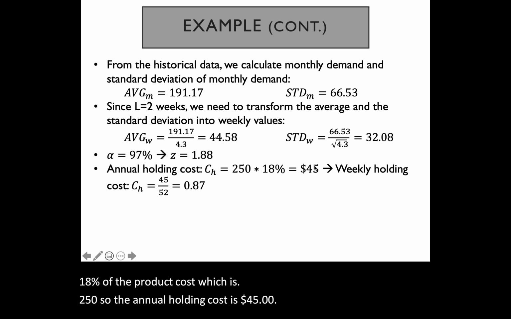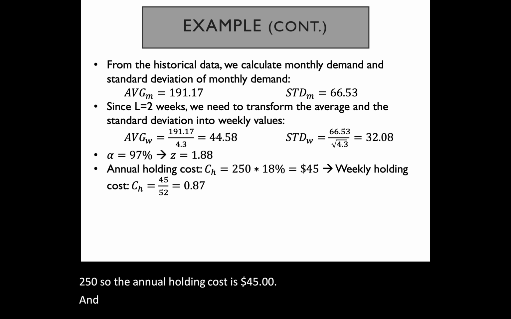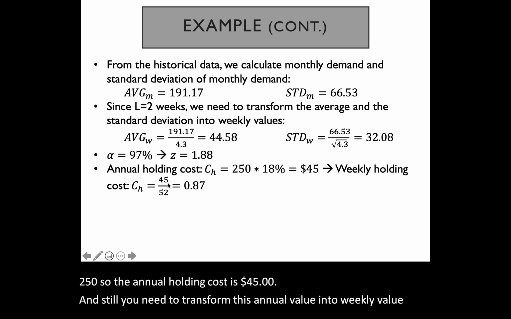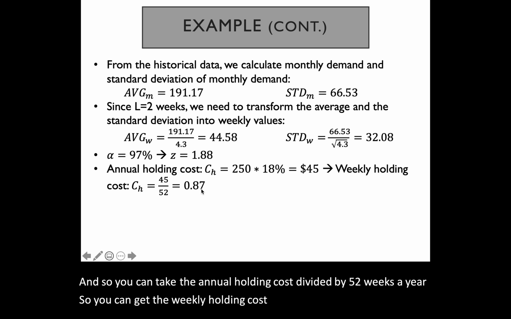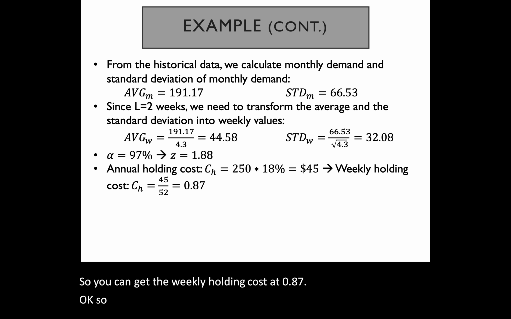And still, you need to transform this annual value into a weekly value. So you take the annual holding cost divided by 52 weeks a year, and you get the weekly holding cost at 0.87.